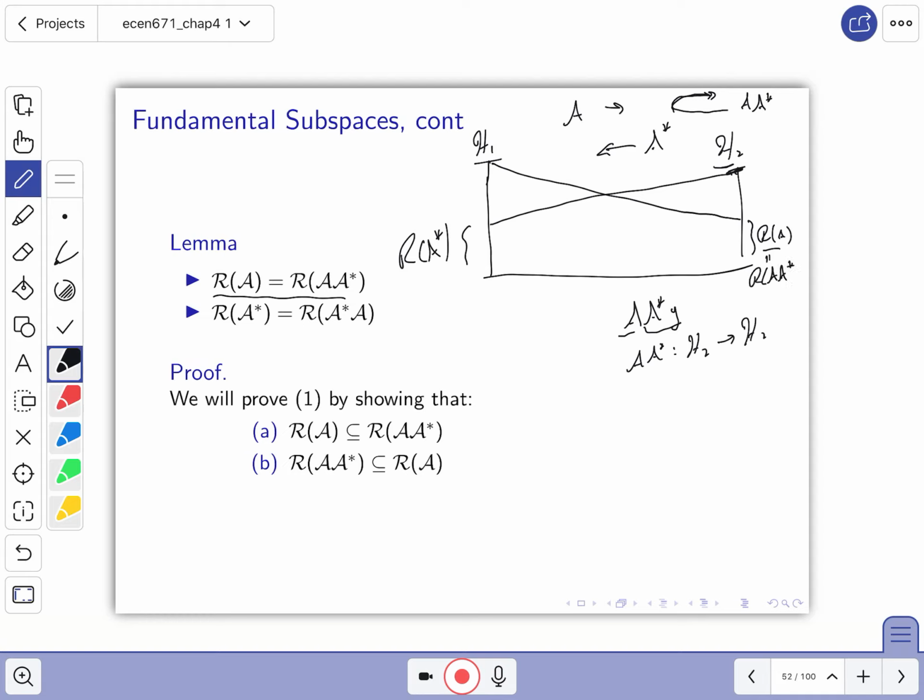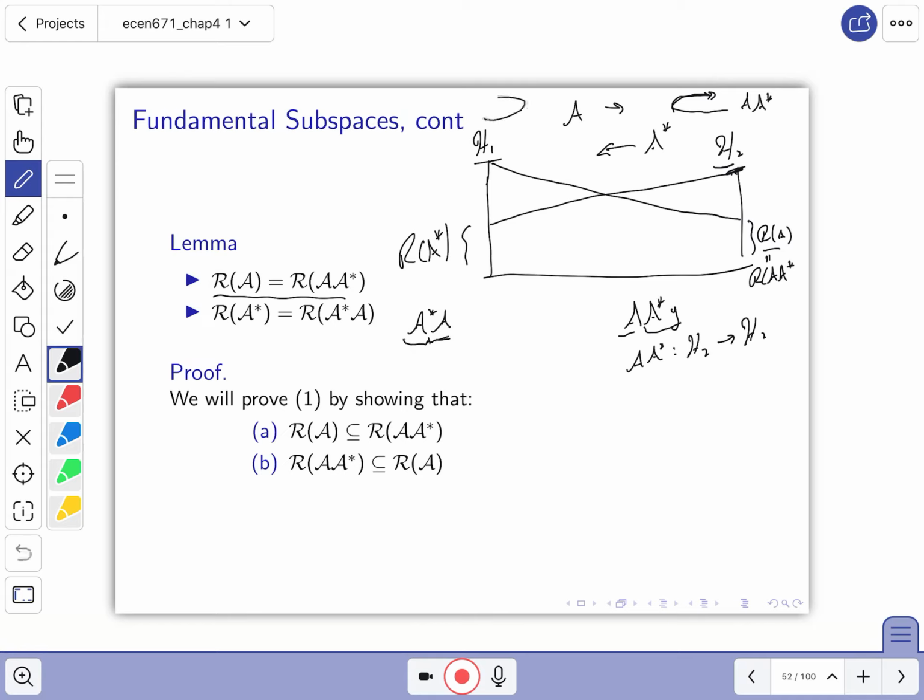And similarly, if we look at what this operator A star A is, A starts in H1 and maps something to H2, then A star goes from H2 back to H1.